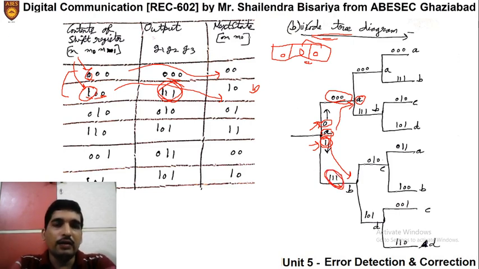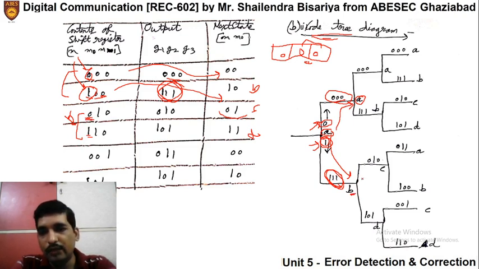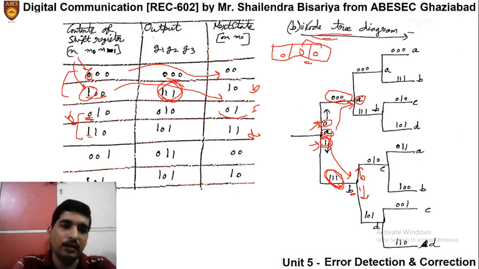Then similarly, now if the state is B here, then depending upon the position of the input, whether it is 0 or 1, we say that if input is 0, the state is 0 1, that is C, and if the input is 1, the state is 1 1, that is state E. So repeating this, in case of state B, if the input is 0, we always move towards upward, and 1 means we are moving downwards from that state.